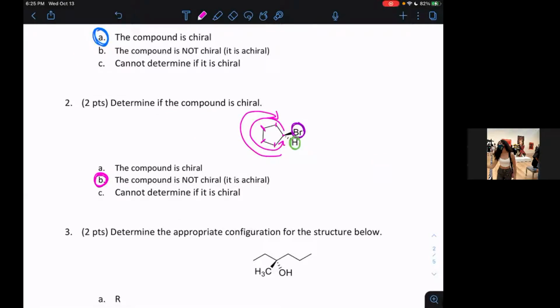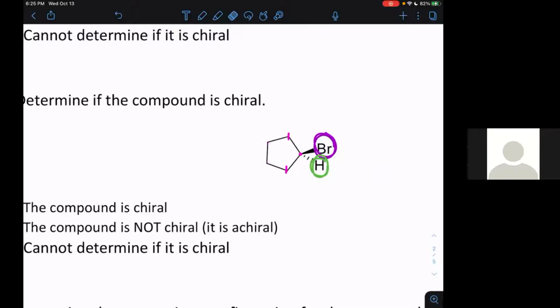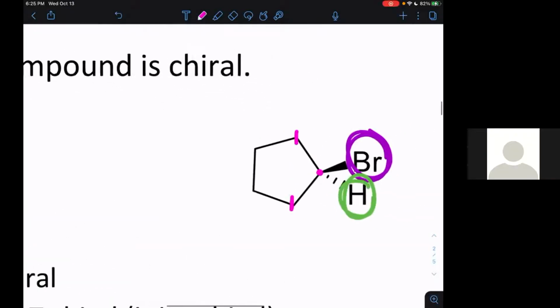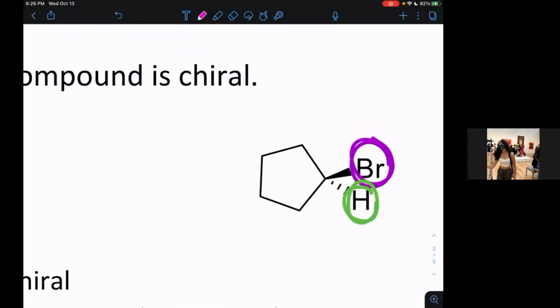That one's confusing also. Yeah, I know. Because wouldn't one have one extra carbon? Honestly, I don't know how they start. No, they wouldn't. They'd be the same because it doesn't have an internal plane. It's not symmetrical because of the Br and the H. Or does it?